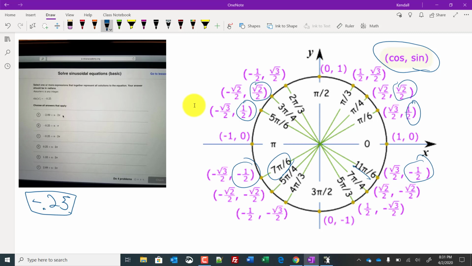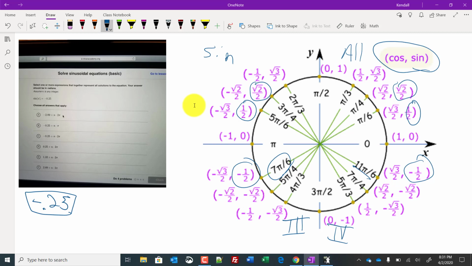How do we get the other one? Well, we know that in the first quadrant, up here, all the trig functions have a positive sign, and in this quadrant the sine has all positive answers. So to get a negative answer, it's got to be in quadrant 3 right here, or in quadrant 4. Well, negative 0.25 is in quadrant 4.